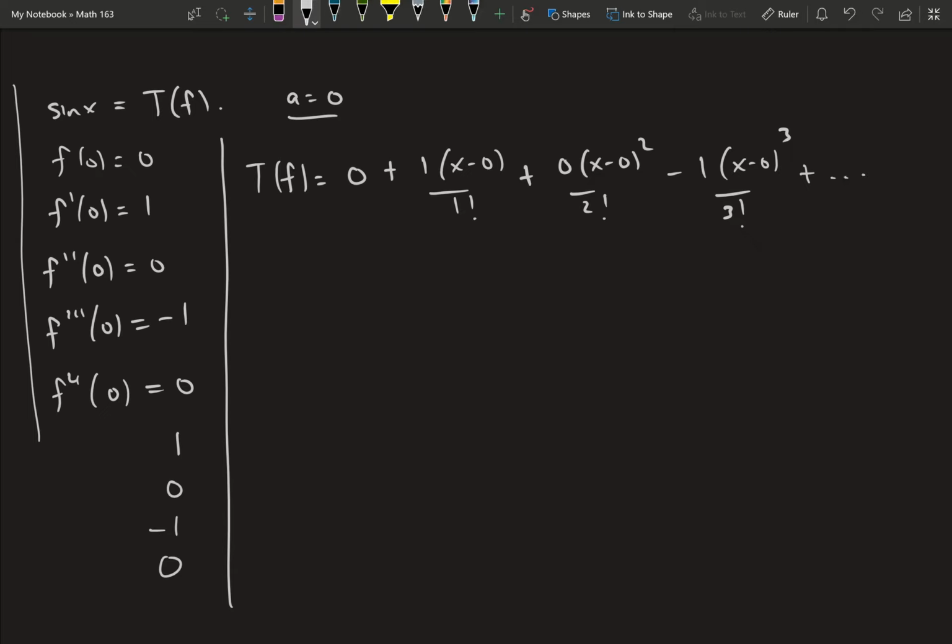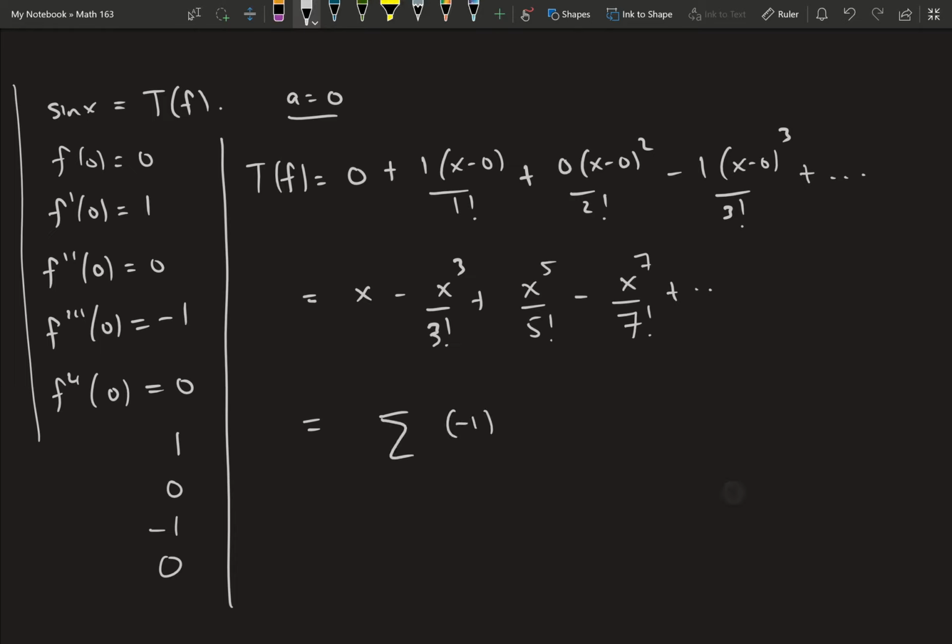So you can see that all the even order terms are going to go to 0, only the odd terms survive. So you actually get just x minus x cubed over 3 factorial. The next term that survives will have a positive 1 coefficient, and it'll be odd, so you'll have plus 1 times x to the 5th over 5 factorial minus x to the 7th over 7 factorial, and so on and so forth.